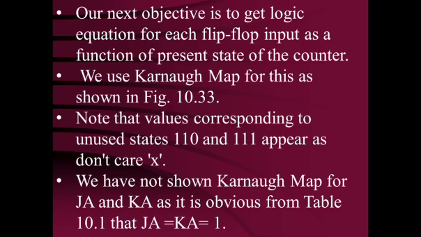That means the requirements of the inputs JC and KC are a function of the present state. The present state is going to be An, Bn and Cn. So a 3-variable Karnaugh map is required. And by encircling the largest group, we can reduce the sum of product equation and obtain a characteristic equation for inputs JC and KC.